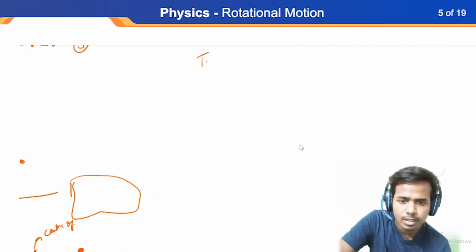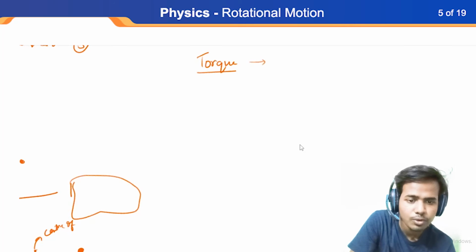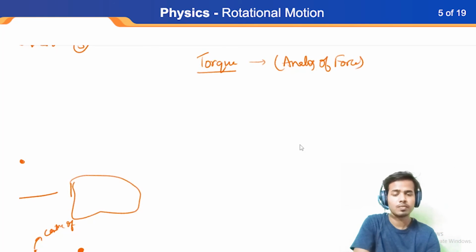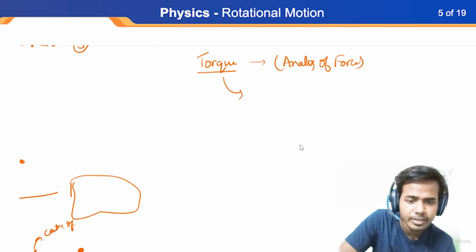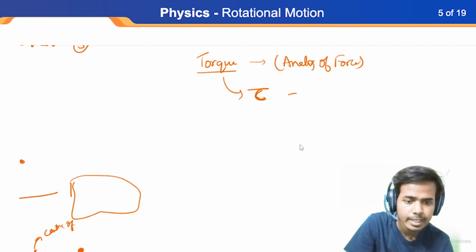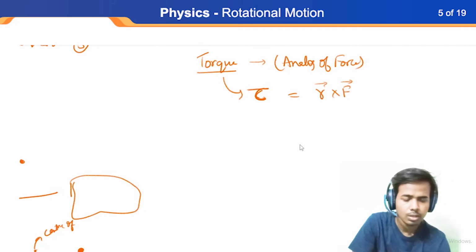First we take the torque. How do we define torque? Torque is the analog of force in the rotational world. It is represented with the term tau, which is a Greek letter, r cross F. All right.